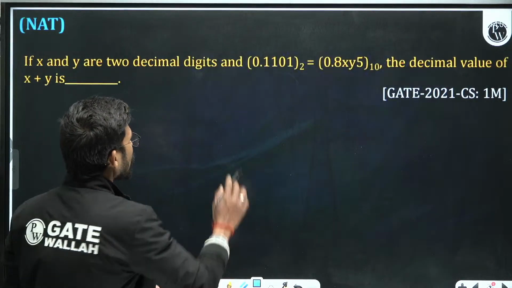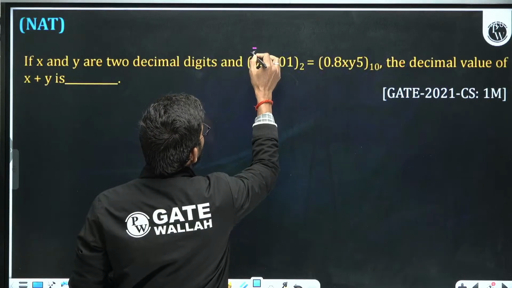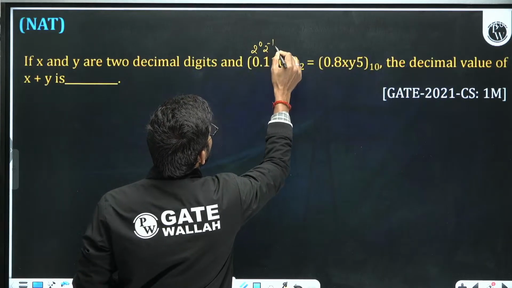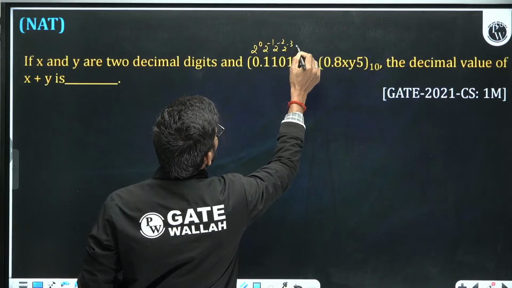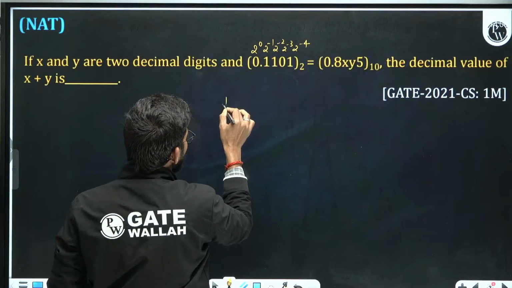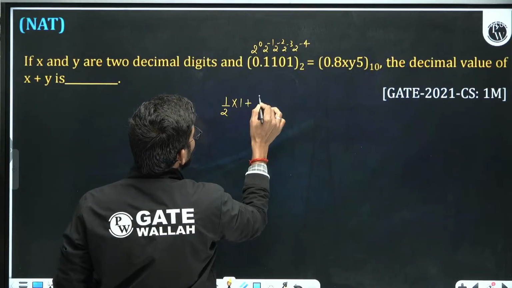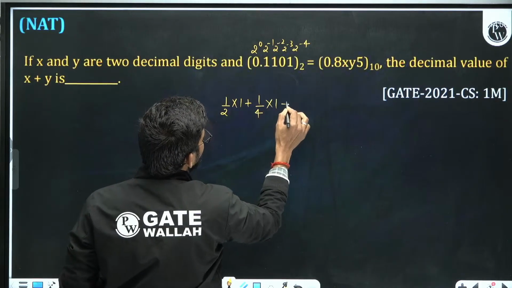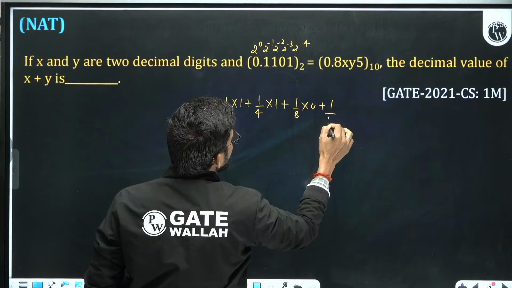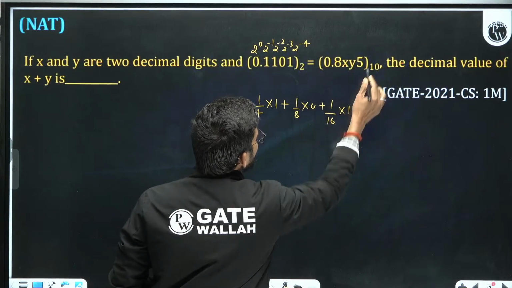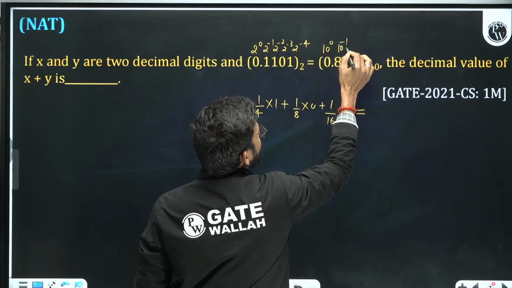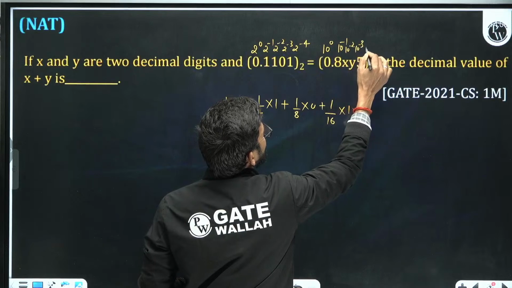Expand it. It is 2 to the power 0, 2 to the power minus 1, 2 to the power minus 2, 2 to the power minus 3, 2 to the power minus 4. Now 2 to the power minus 1 into 1 is 1 by 2 into 1, plus 2 to the power minus 2, 1 by 4 into 1, plus 2 to the power minus 3 into 0, plus 2 to the power minus 4, that is 1 by 16, into 1. On the other side, this is 10 to the power 0, 10 to the power minus 1, 10 to the power minus 2, 10 to the power minus 3, 10 to the power minus 4.